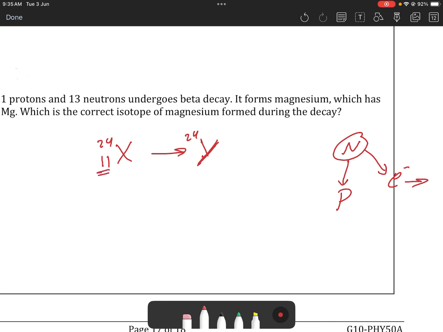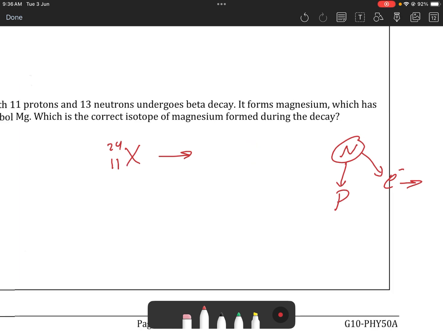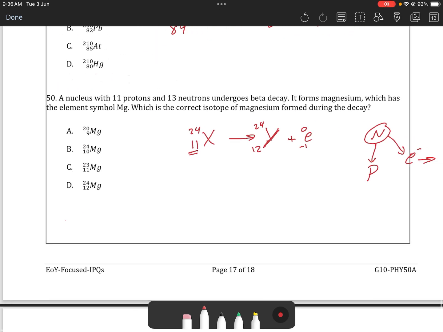Z will change to 12, because now we have one more proton but one less neutron. The nucleons stay the same, and of course beta decay is negative 1. So the answer is Mg 24 12.